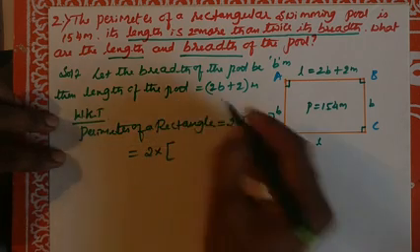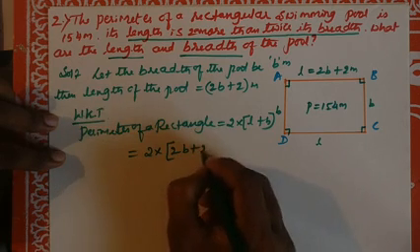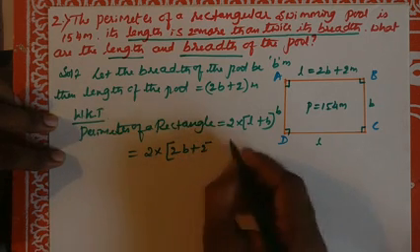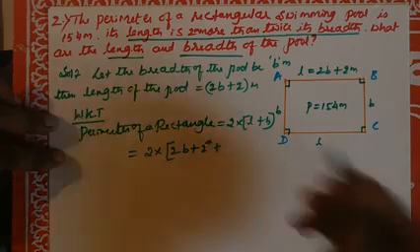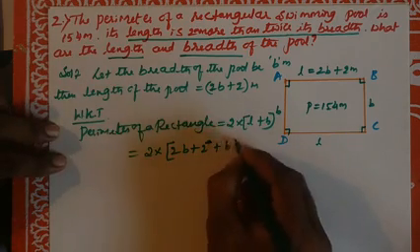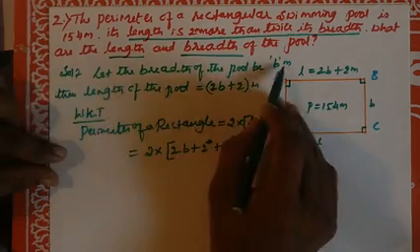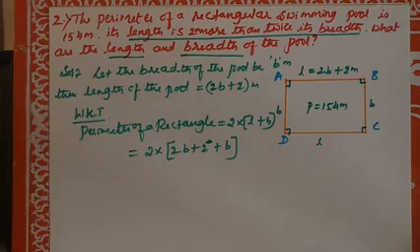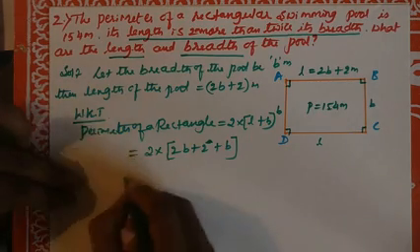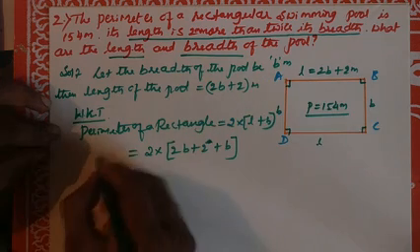Put the length value 2b plus 2, plus breadth which is b, because I have taken the breadth of the pool as b meter. And the perimeter of the rectangle is given as 154 meter.